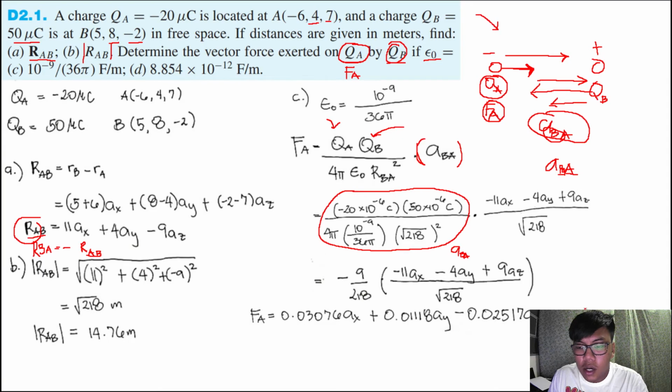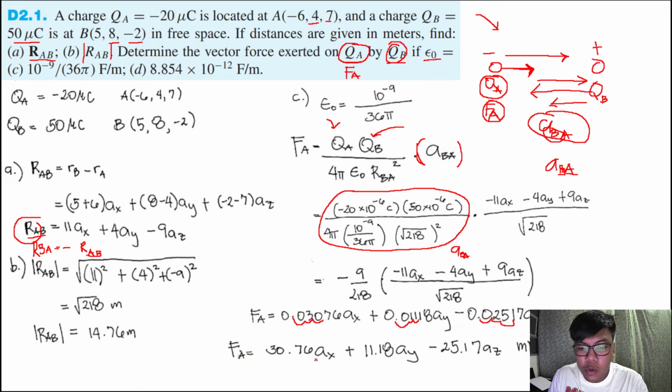Okay, so ito na ngayon yung ating force. This is in Newton. So, pwede natin ngayong i-represent yung sagot using millinewton, ano? So, paano yun? Bilang ka lang ng tatlo, pabalik. 1, 2, 3. Ito rin, tatlo. So, ito tayo ngayon.